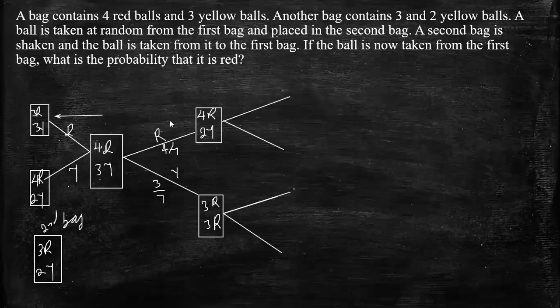So we are picking a red ball and placing it in the first bag where we had our red. So if we place it here, we are removing a red ball from this bag and placing it back to the first bag.